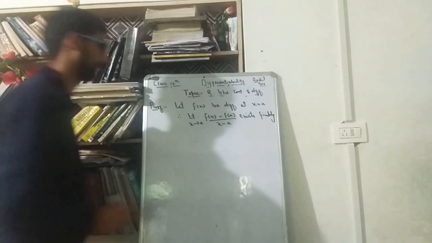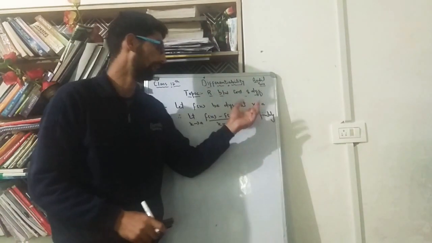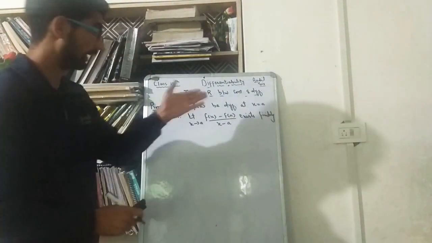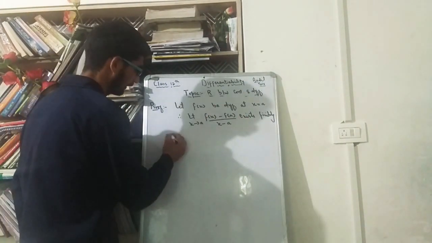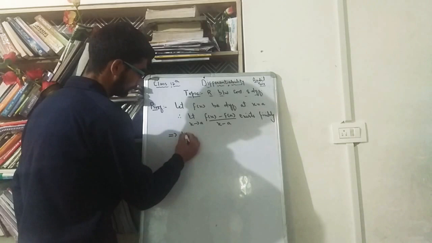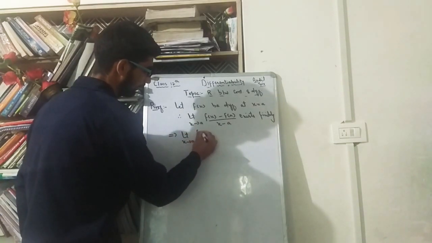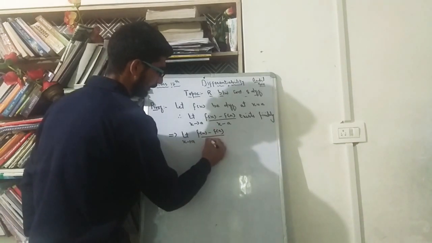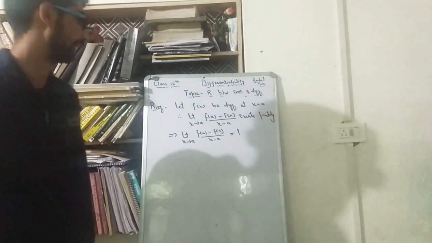We know by the definition of differentiability, if a function is differentiable at some point in its domain, then this limit must exist, and it must also be finite. So here I can write this limit as x tends to a of f of x minus f of a divided by x minus a, and I will take it as L, which is a finite value.